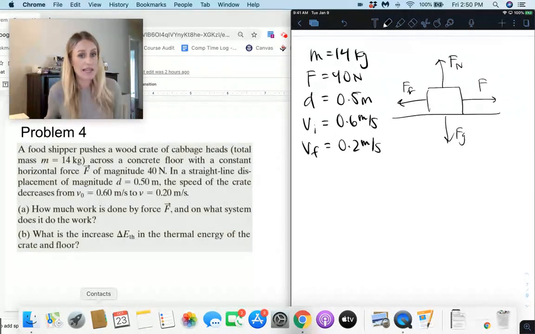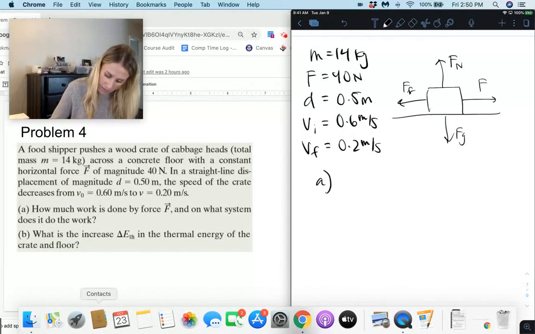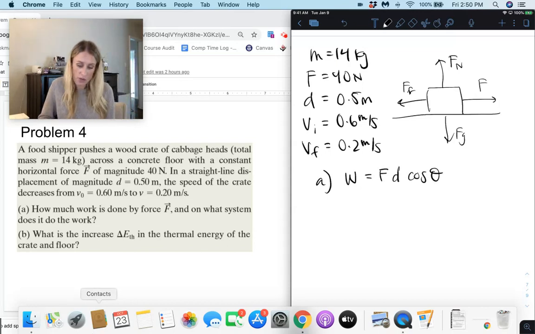So for part A, it says how much work is done by the applied force F, and on what system does it do the work? We want the work done by the applied force F. That's going to be F times displacement times the cosine of theta. We know the applied force and the displacement.